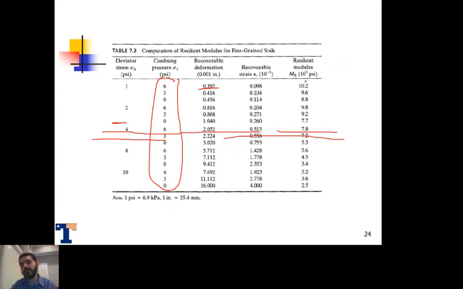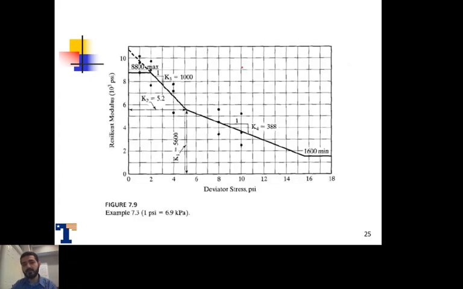And then we get the resilient modulus, which is again sigma d over epsilon r, which is sigma d, in this case the first column, over the recoverable strain, which is this column right here. Once we do this, we also need to plot them.